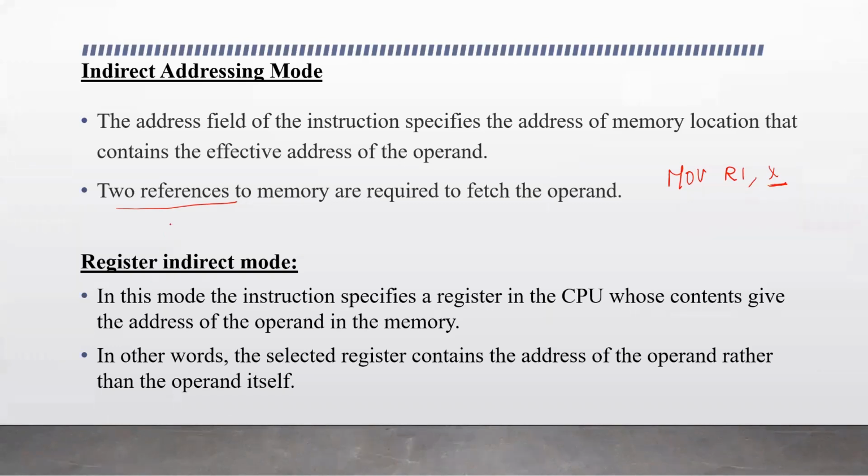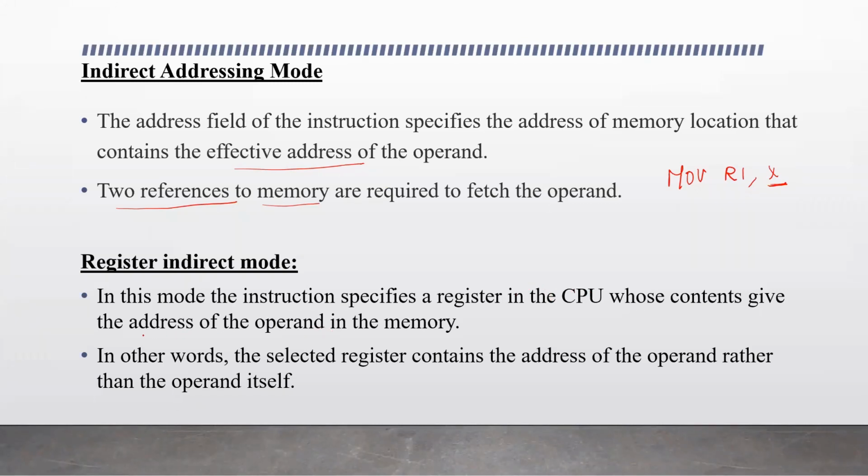And here in the indirect addressing mode, when the effective address is stored in memory, we call it memory indirect addressing mode. And when the effective address is stored in a register, we call it register indirect mode. In this mode, the instruction specifies a register in the CPU whose contents give the address of the operand in memory.